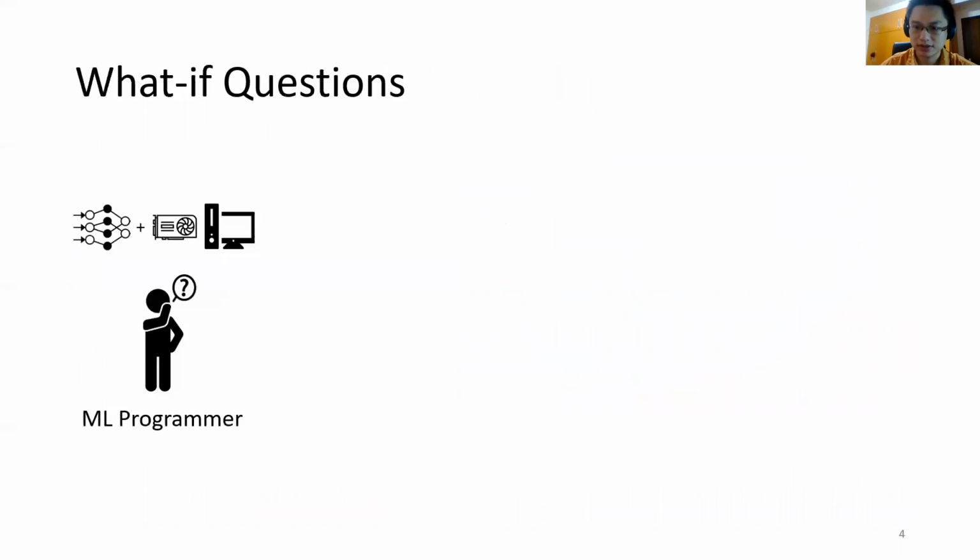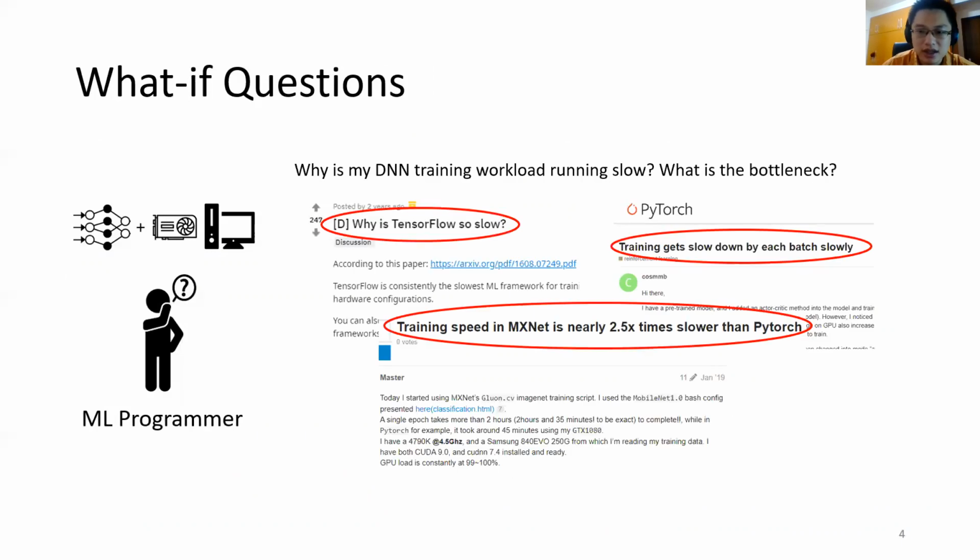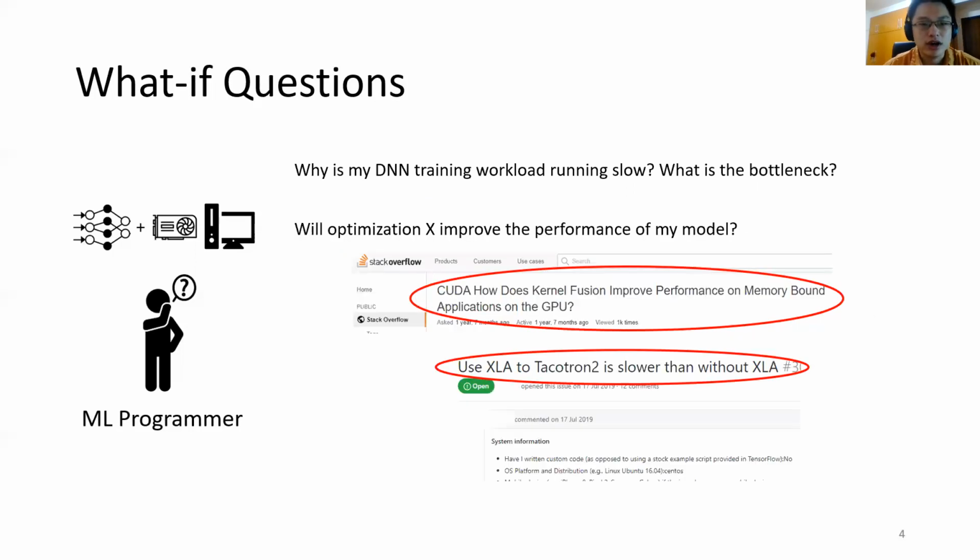own deployments. So imagine a machine learning programmer who just develops a DNN model on his or her machine. And since the training could take days or weeks, it's very common for him or her to ask questions like, why is my DNN training running slow? What is the bottleneck? Or what if I implement a certain optimization?